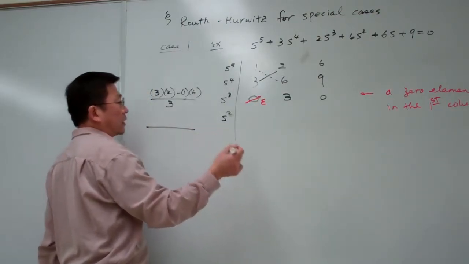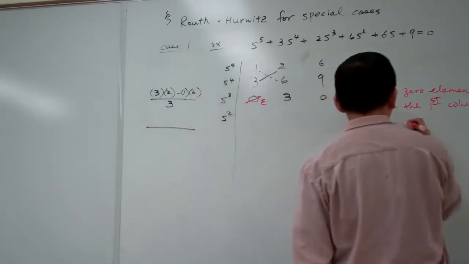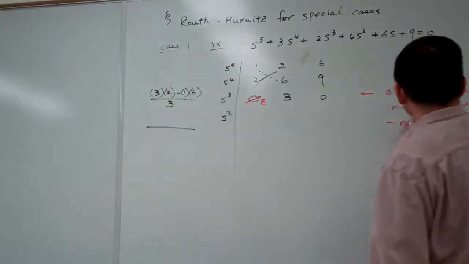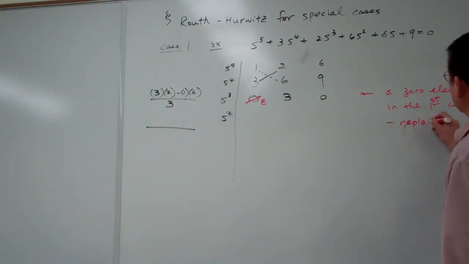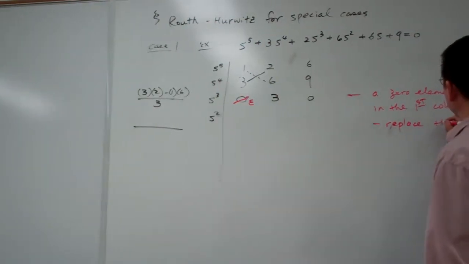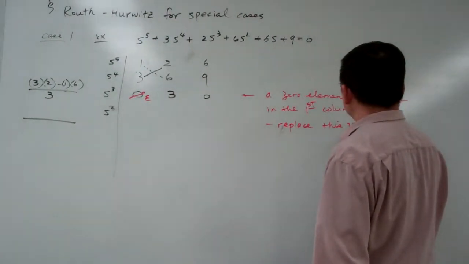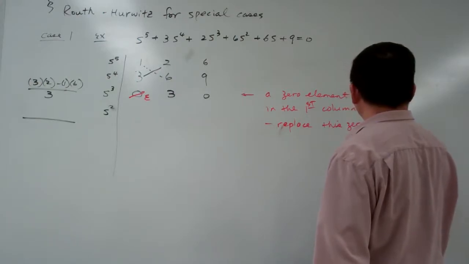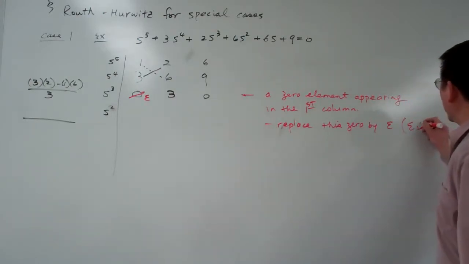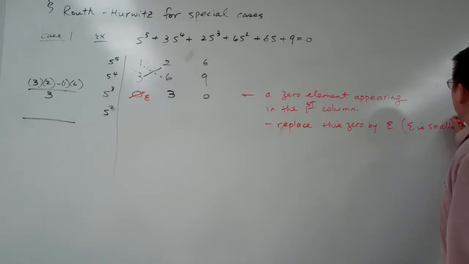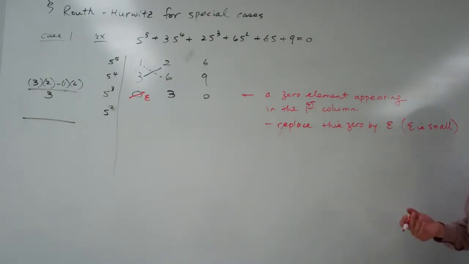So replace this 0 by epsilon, and epsilon is small. We just treat it as a small number and proceed, and in the end, we let epsilon approach 0 and see what happens.